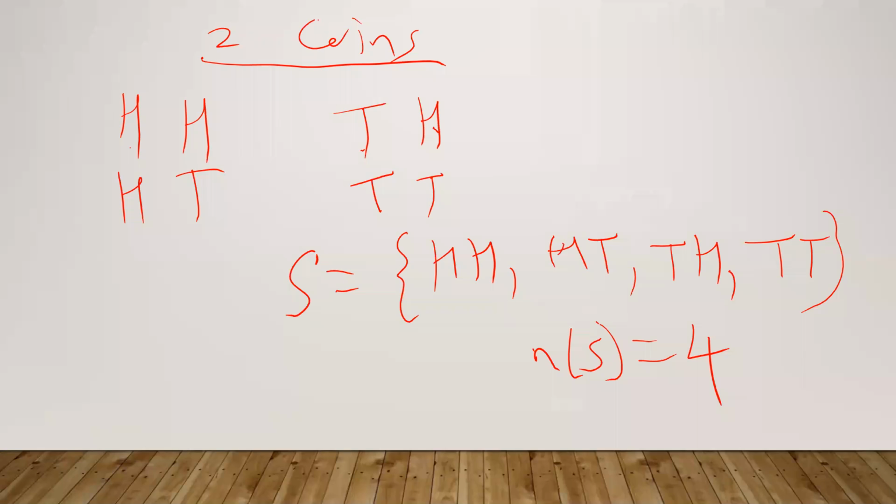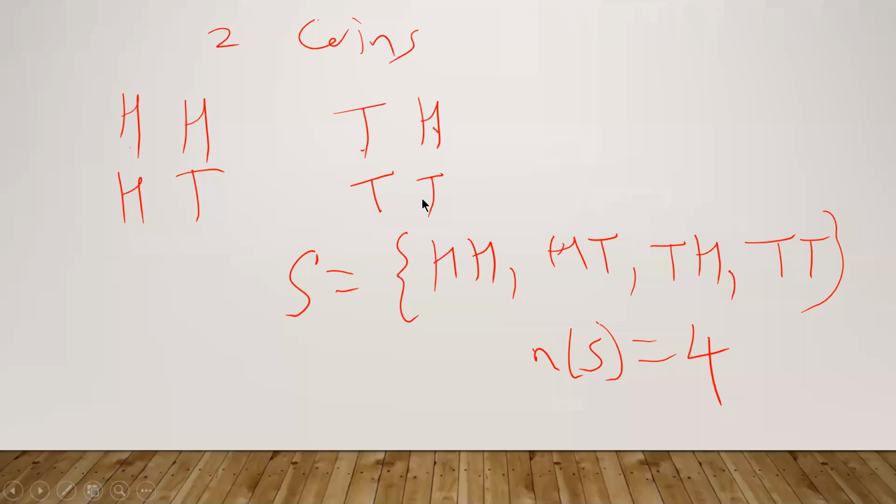So here I am tossing 2 coins. So let us see what are the possible results. It may happen that the first one lands in head. I am tossing 2 coins together, so on the first one head came, on the second one head can also come or tail can come. So the first possibility is HH, the second is HT. I have to see all the possibilities. So it can also happen that the first one lands in tail and the second in head, or the second in tail. So TH and TT.